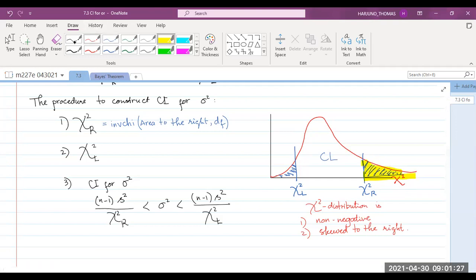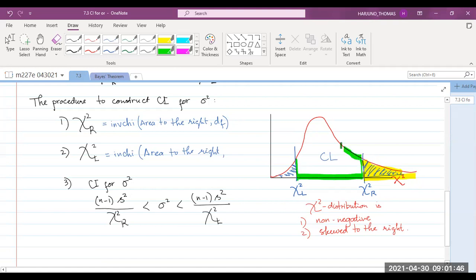Now for chi-square left, however, the area to the right will refer to the area from here, the confidence level part, plus the yellow one.